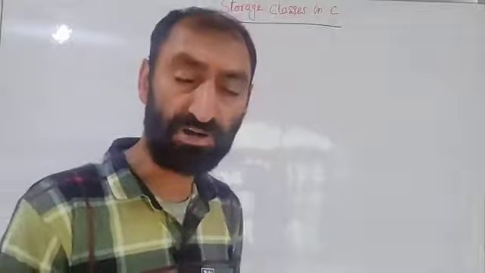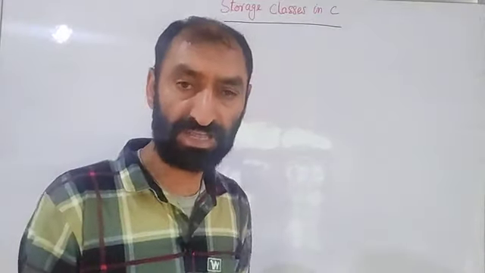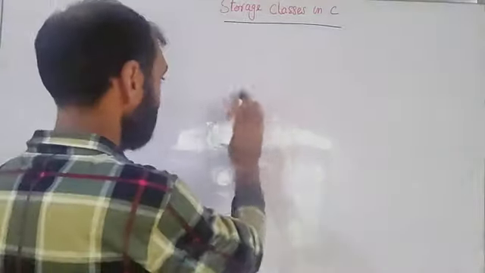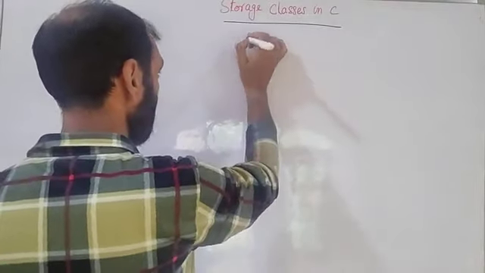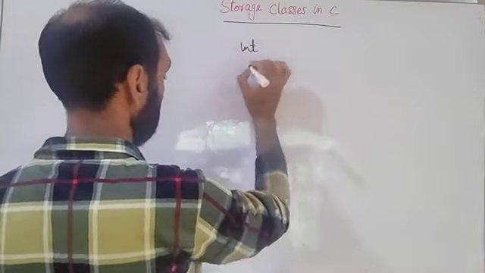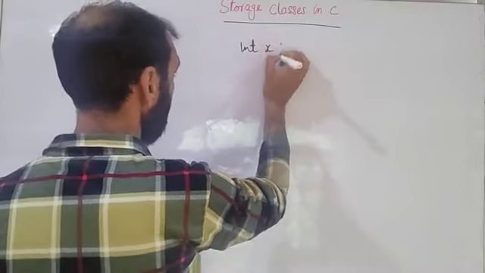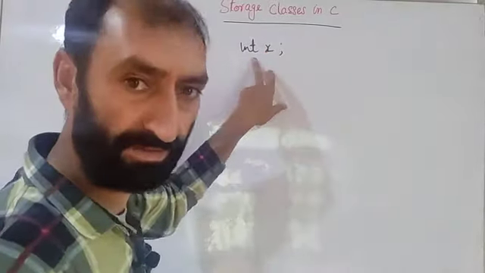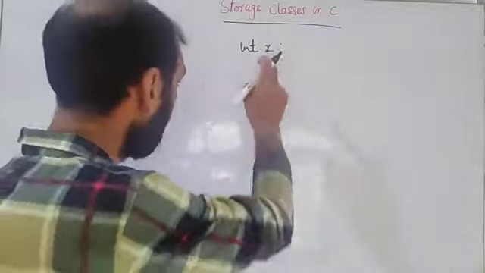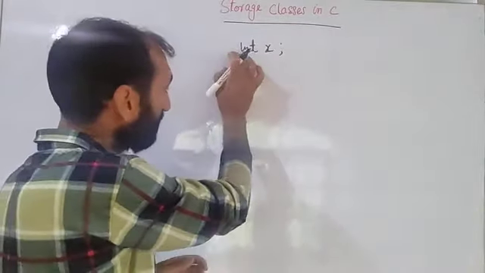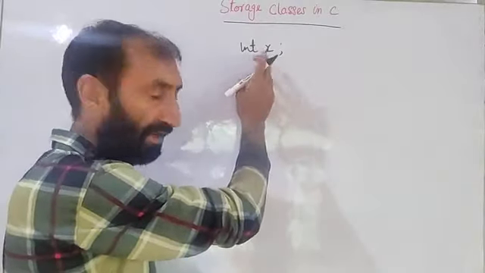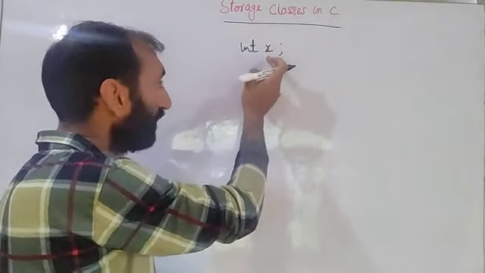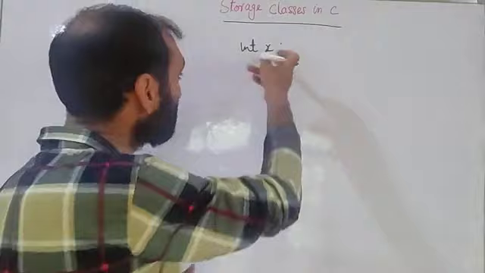We know that whenever we declare a variable, this is the way by which we can declare it. For example, int x. Here I have declared a variable x of type integer. This line tells that x is the name of the variable which will store integer data.